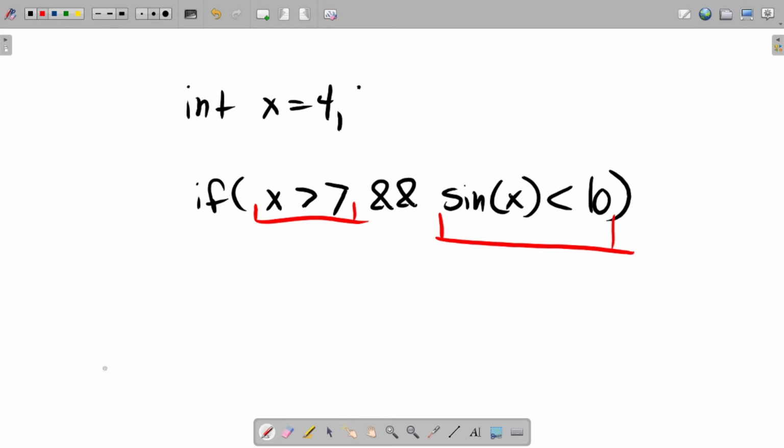It is going to evaluate these expressions left to right, which means it's going to start with this one first. Well, this one is going to fail, right? This is false, because 4 is not greater than 7, which means that the sine of x isn't going to get run. And why that's important is because x greater than 7 is a very easy computation. Just checking two numbers, specifically integers, against each other is pretty easy.